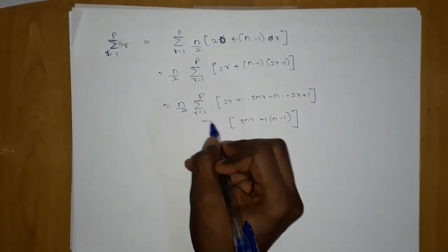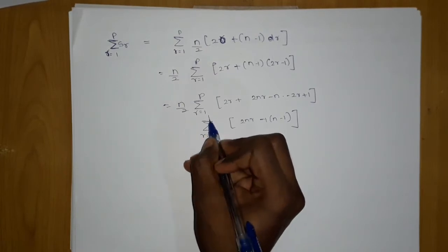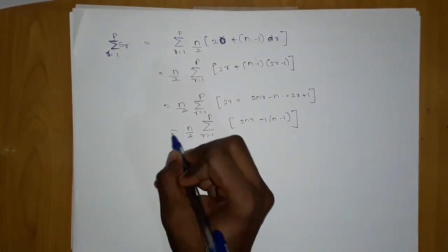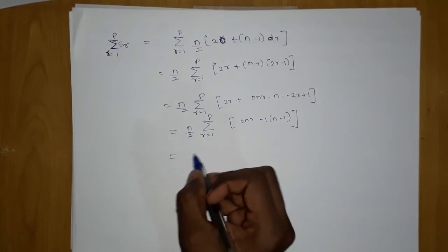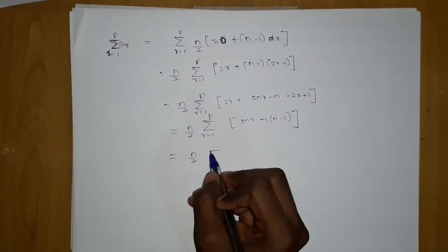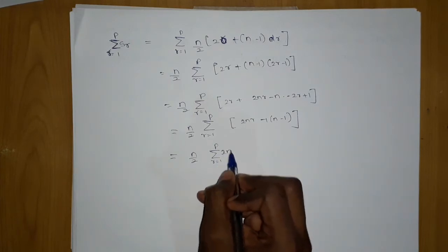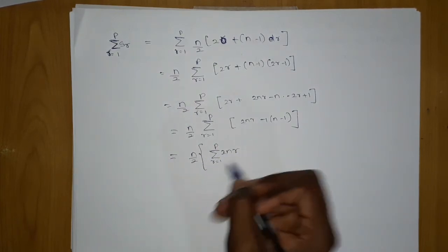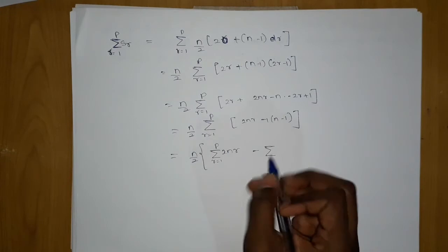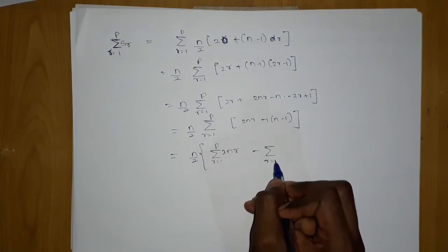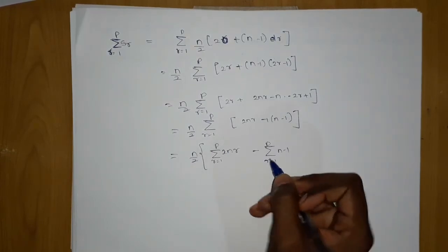So I got this thing, r equals 1 to p, n by 2. Similar, if I continue, n by 2 bracket, r equals 1 to p, 2nr, into summation r equals 1 to p, n minus 1.